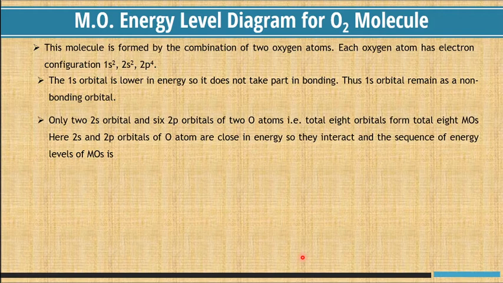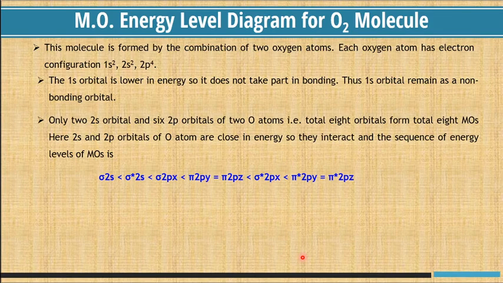Here 2s and 2p orbitals of the oxygen atom are close in energy, so they interact with each other, and the sequence of energy levels of molecular orbitals is given as sigma 2s less than sigma star 2s less than sigma 2px less than pi 2py equal to pi 2pz less than pi star 2py equal to pi star 2pz less than sigma star 2px.